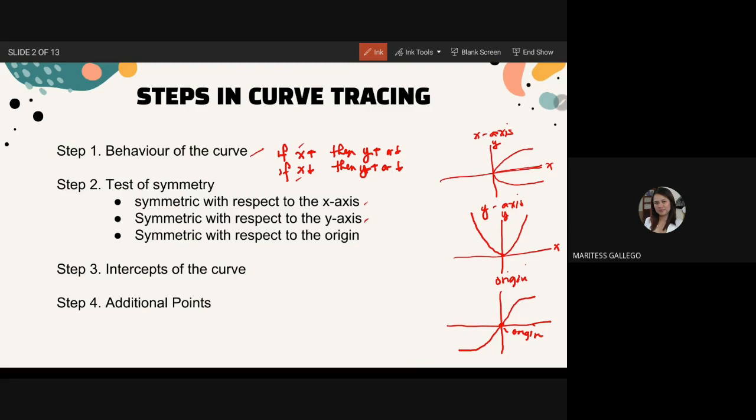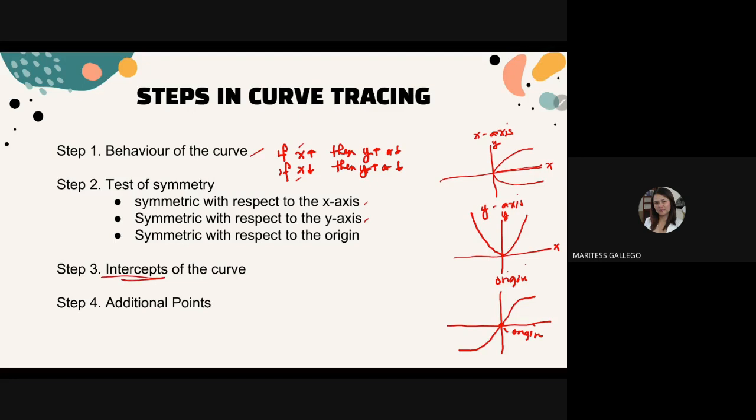The third step is the intercepts of the graph. When you say intercepts, you are asked to find the point of intersection of your curve with your x-axis and y-axis. Where will your curve cross the x-axis? Where will the curve cross the y-axis? That is what we will look for in the intercept form.